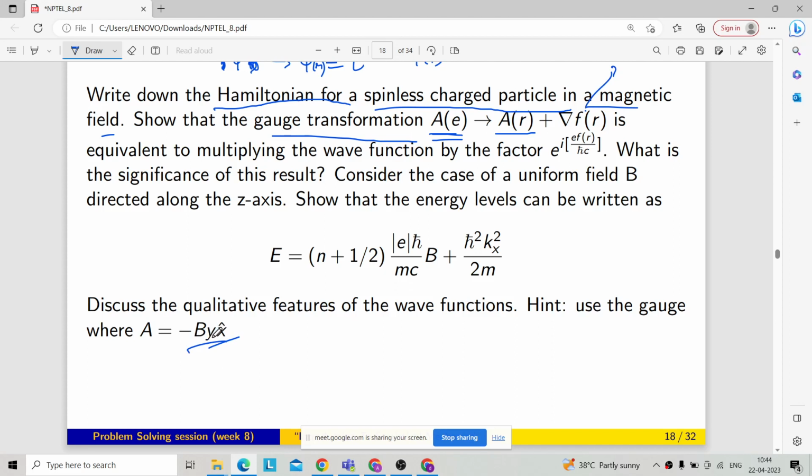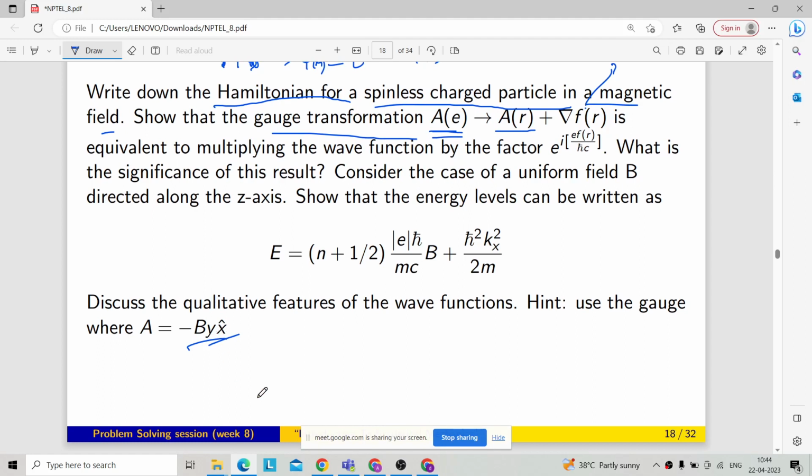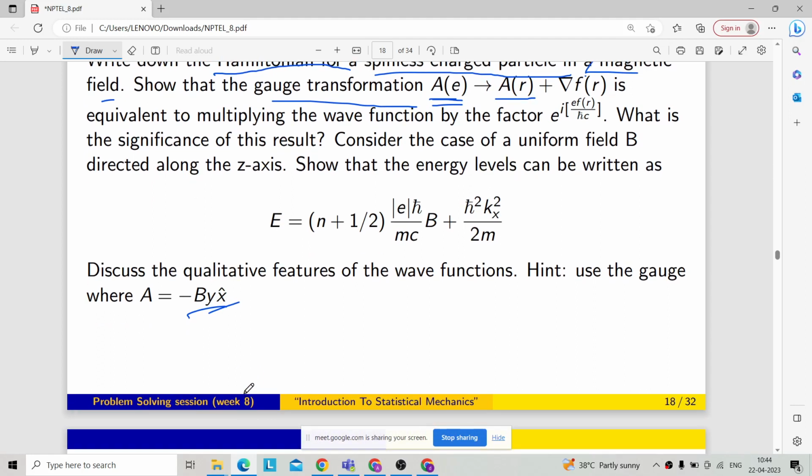Okay, so let's assume this A is transformed into A prime of, sorry, this is not E, this is r.